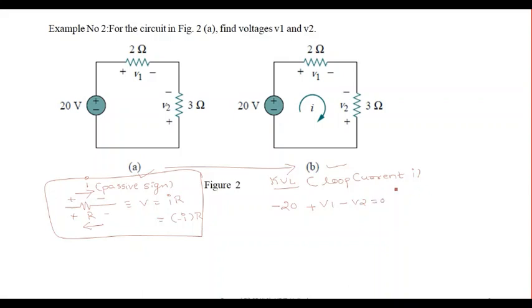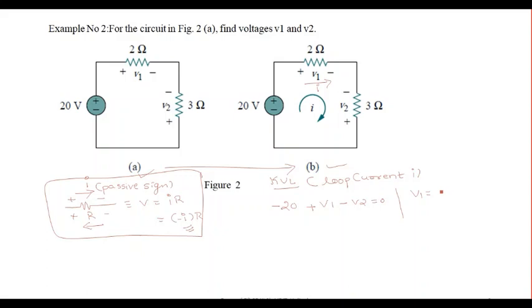But V1 and V2 are unknowns, right? So how to find V1 and V2? From Ohm's law, applying what I told, you can find V1. Here the polarity is like this. Our assumed current direction and polarity match the passive sign convention. The same current I flows here from higher potential to lower potential.